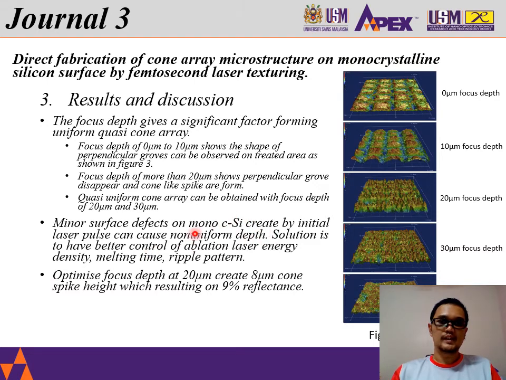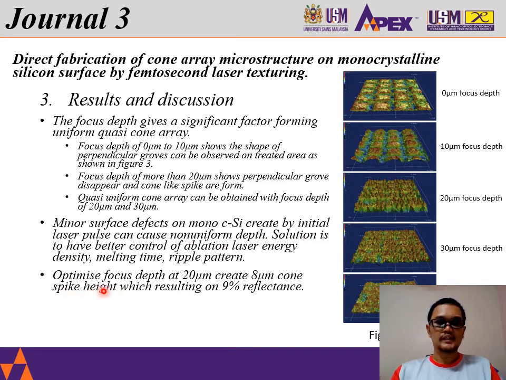And the solution to overcome this issue is to have a better control of radiation laser energy, density, melting time, and also ripple pattern. And these are complex parameters and very sensitive to control.